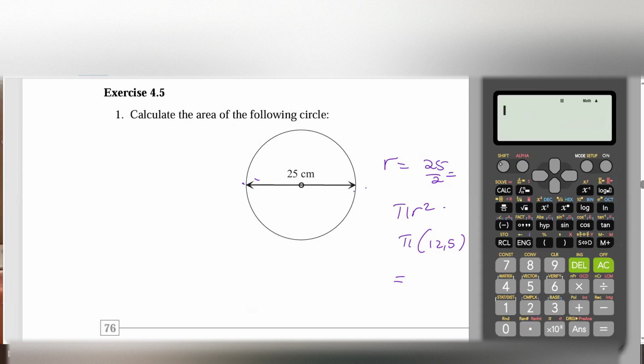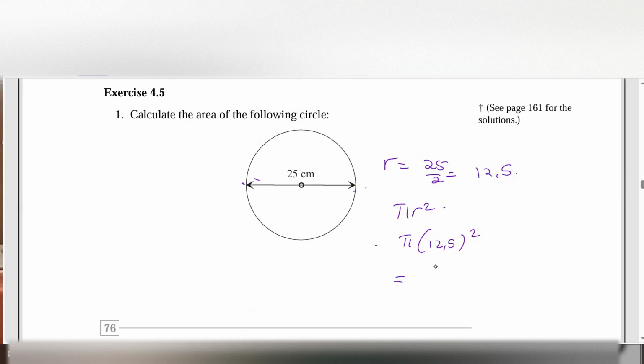Let's use the pi of the calculator also. So pi, open brackets, 12.5, we are squaring that. What do we get? We're getting 490.87, this is centimeters squared.